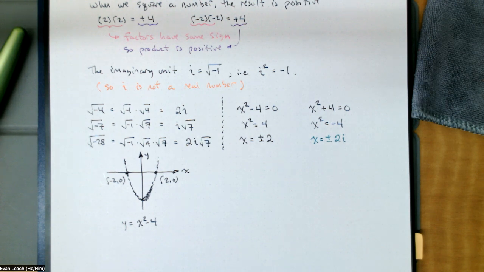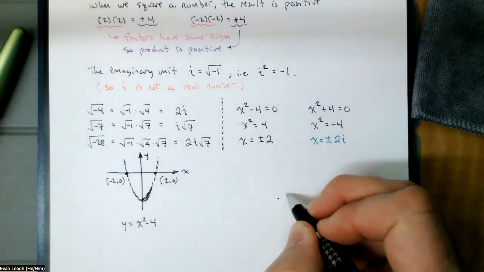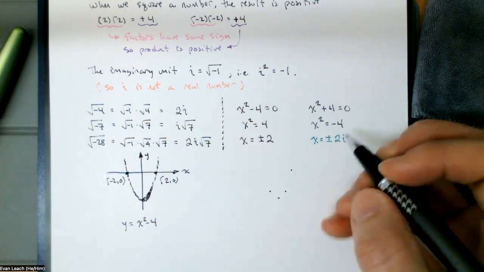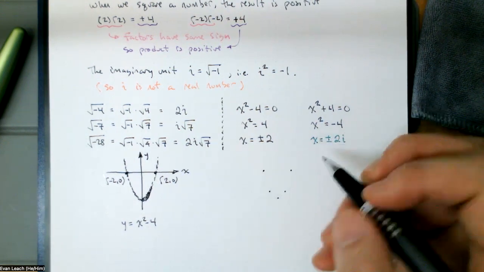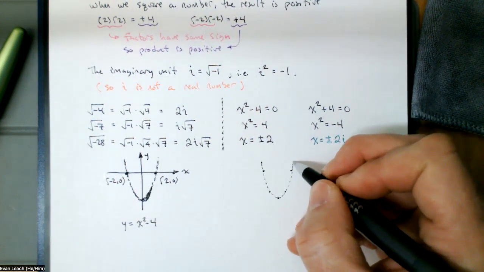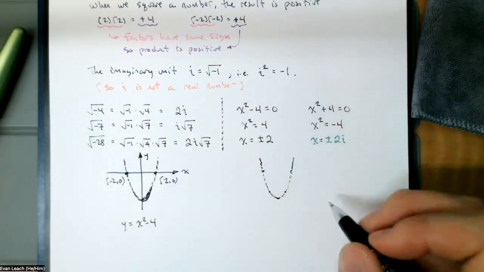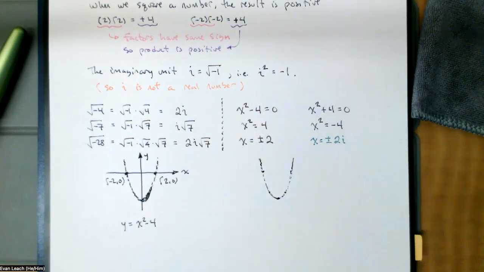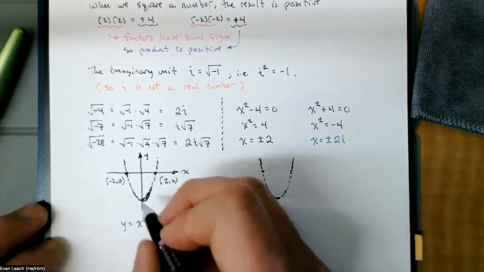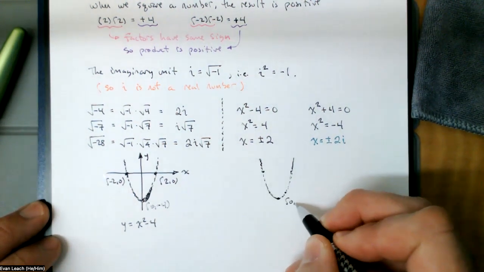But on the graph of x squared plus 4, instead of having a vertex at 0, -4 like we had over here, our vertex was way up here at 0, 4.